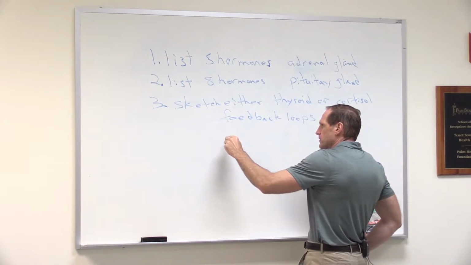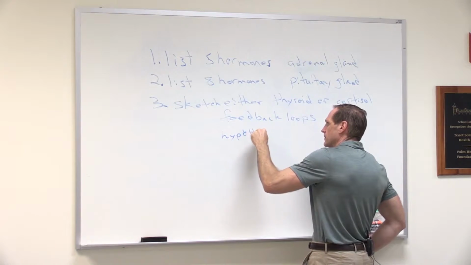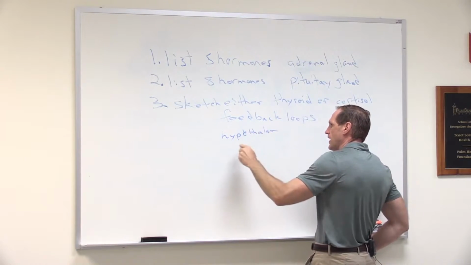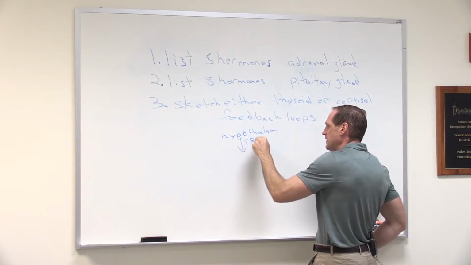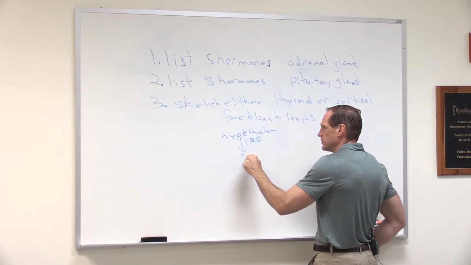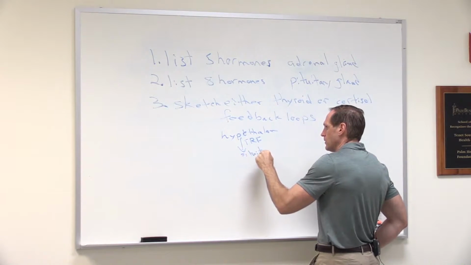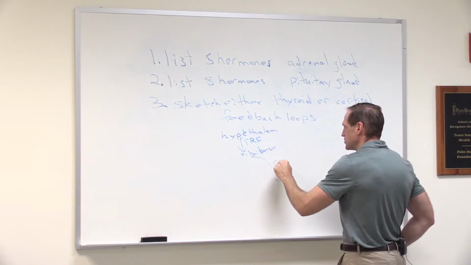So we start in the hypothalamus of your brain, and that is going to release something called thyroid releasing factor, TRF. That is going to travel to the pituitary, which is going to secrete TSH.